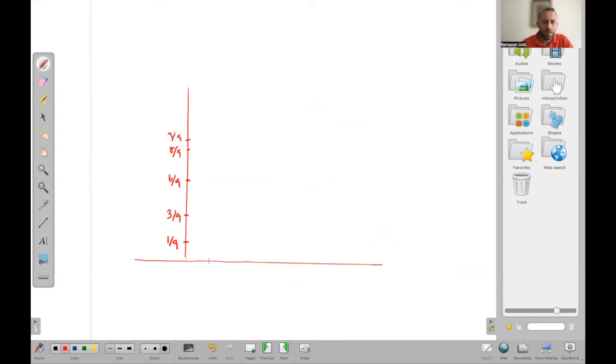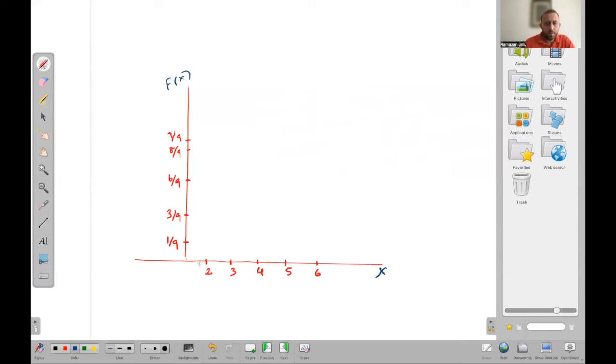Let's say this is 2, 3, this is 4, this is 5, and this is 6. Let me change the color. So this is the x, right? That is x, and that's the F(x).